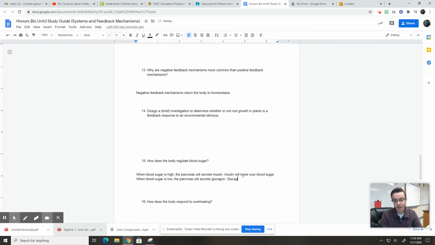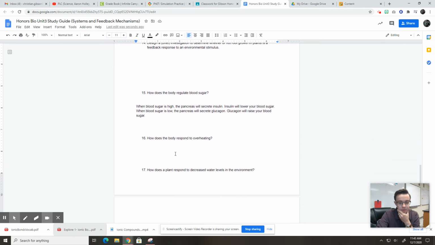Glucagon will raise your blood sugar. It will tell the organs that store blood sugar, like your liver specifically, hey, we need some more sugar in the blood. We're running a little low. Can you release some of that sugar that you've stored up? And so when the liver cells see that glucagon, they say, okay, I need to release some sugar into the blood to increase blood sugar.